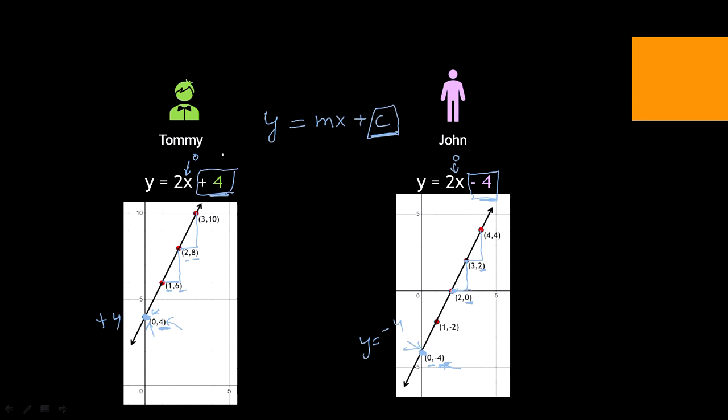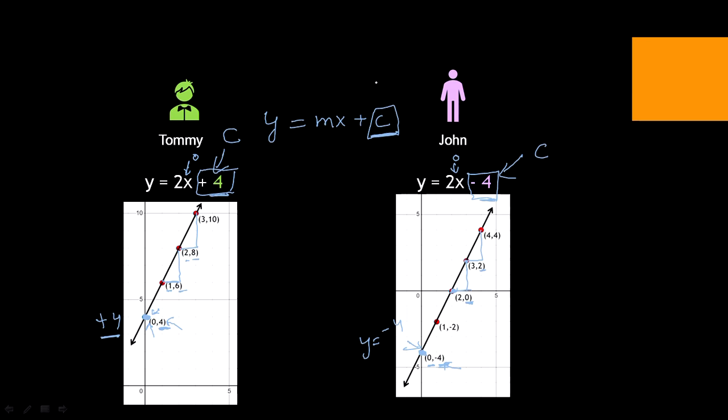And if you look at the value of c, that is plus 4, and the value of c here is minus 4. So if you can connect the dots here, the value of c in both the cases actually tells us at what value of y the graph will intercept the y-axis.